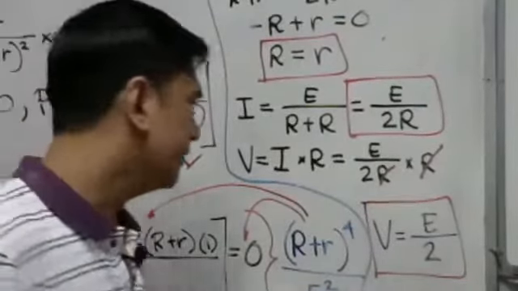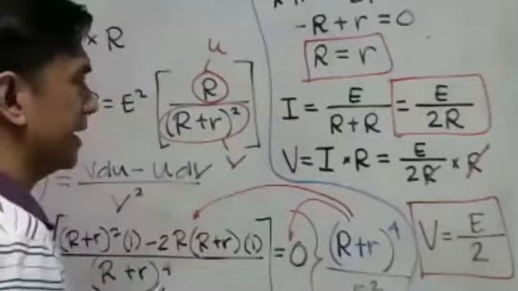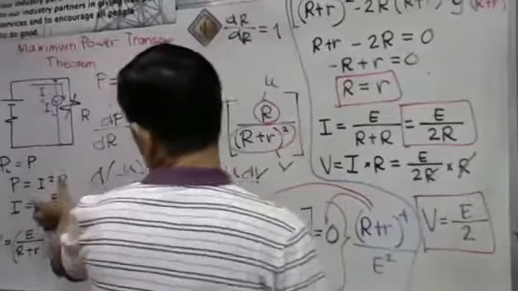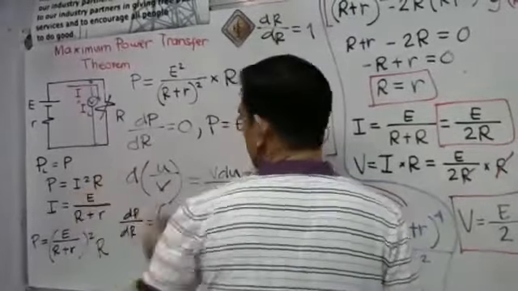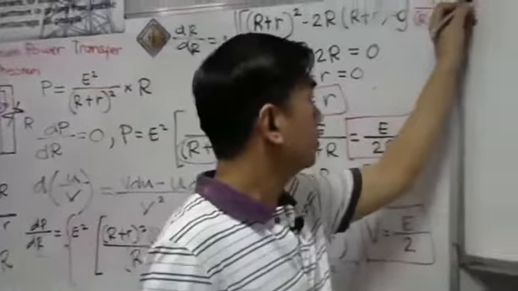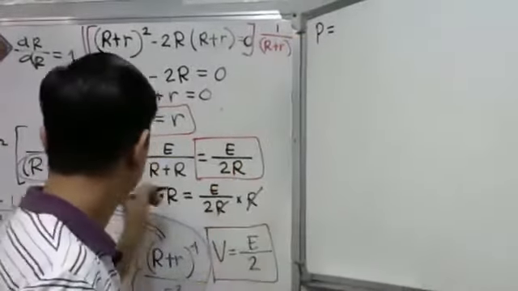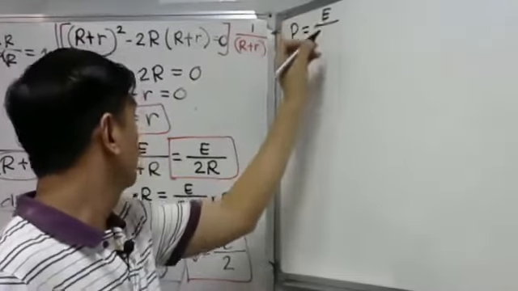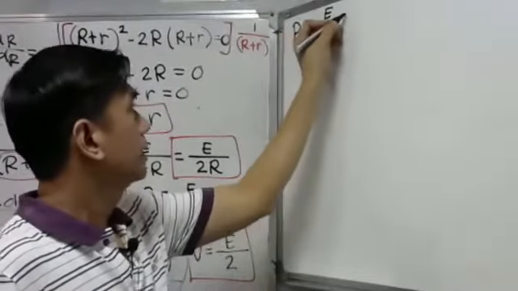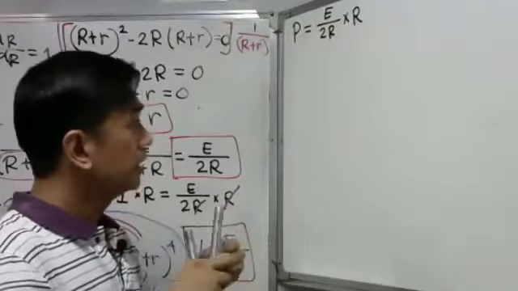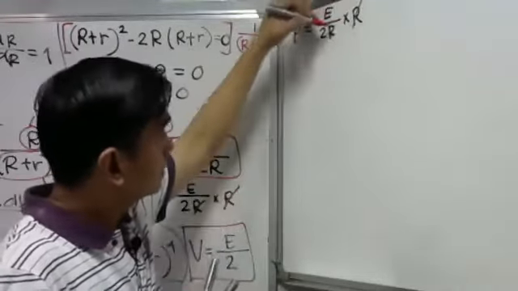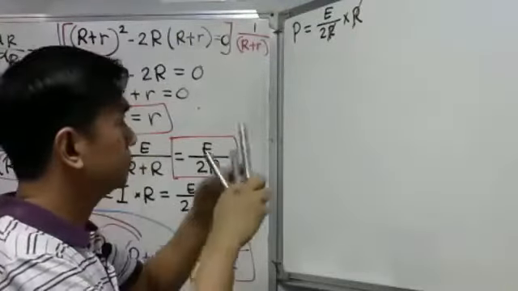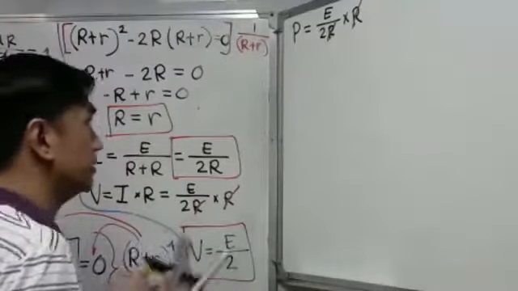Then let us have the formula for maximum power transfer. We said that power here is equal to I squared R. So for our power, I will substitute the equation for I, which is E over 2R, and then multiply by R. Oh, by the way, this must be squared, sorry, I have to square this first.